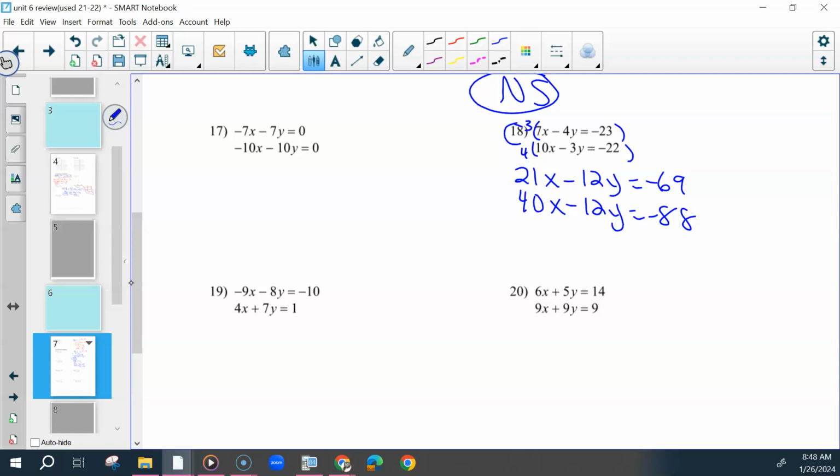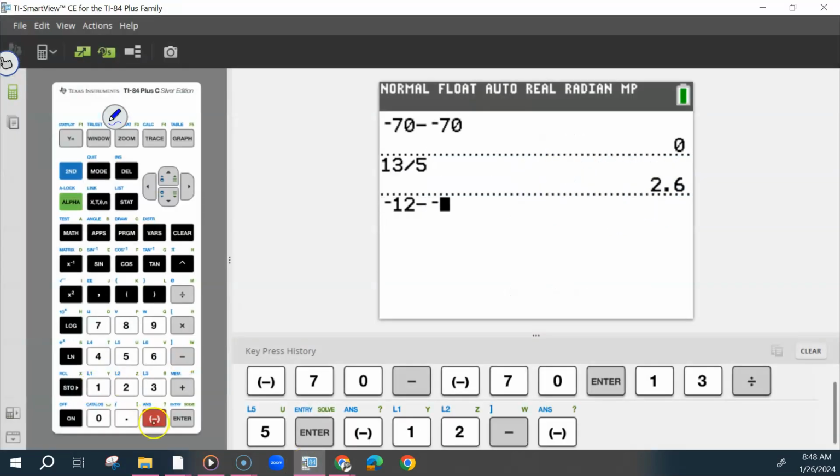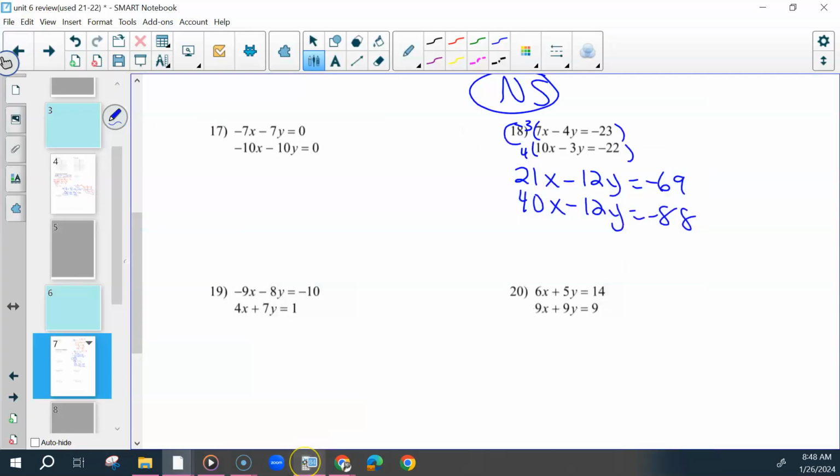If they're both the same, subtract. And if you're not sure, double check it, because if I were to add, I get negative 24. So subtract. Be careful with the negatives. 21 minus 40, negative 19x plus 0. Negative 69 minus negative 88 should be a negative 19 or positive 19 or one of those.